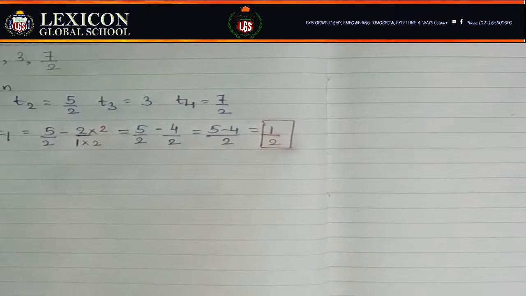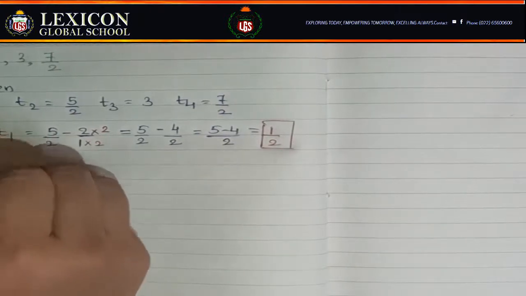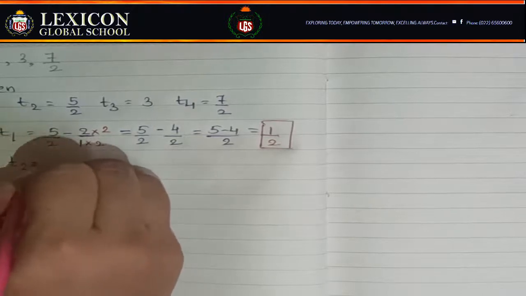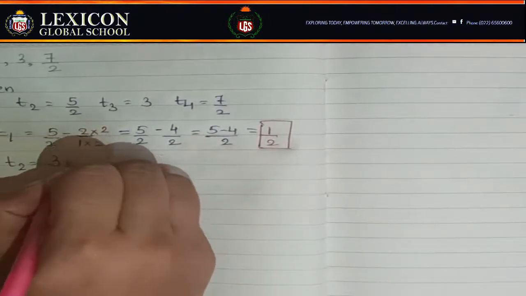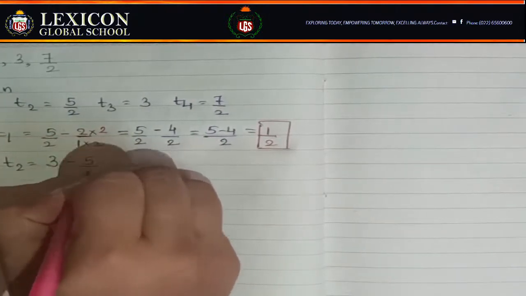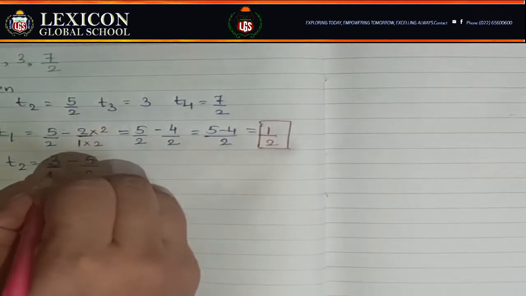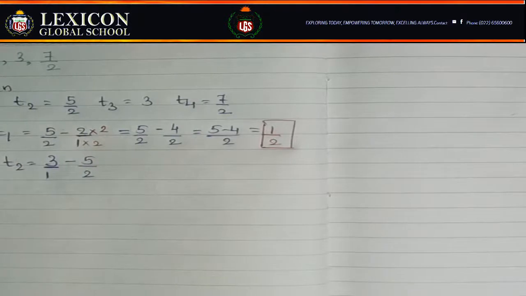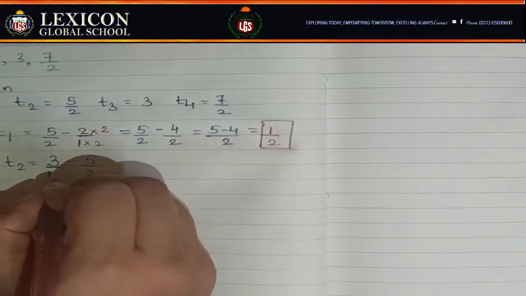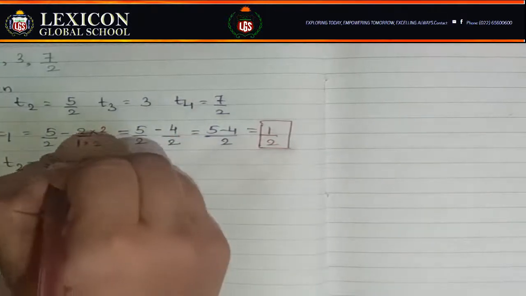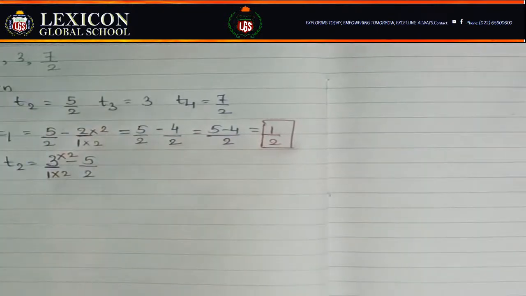Similarly, let's go for T3 minus T2. What is your T3? 3. What is your T2? 5 upon 2. Again, 3 is not having a denominator, so the denominator is 1. We need to take out the LCM. So we are multiplying the denominator and the numerator by 2.